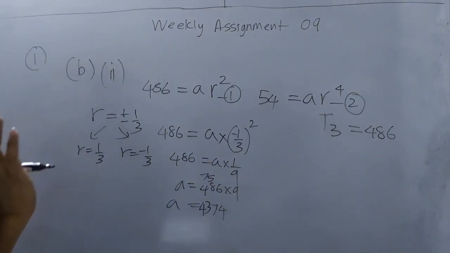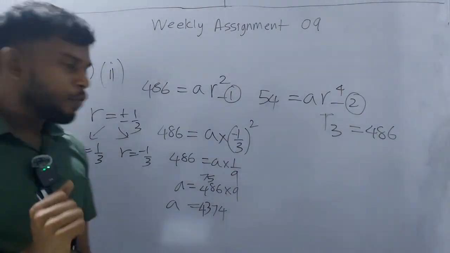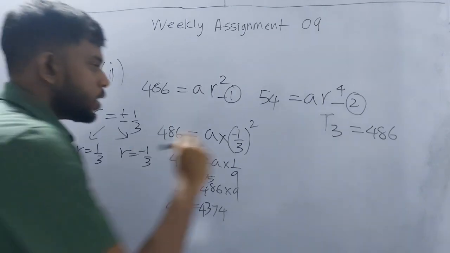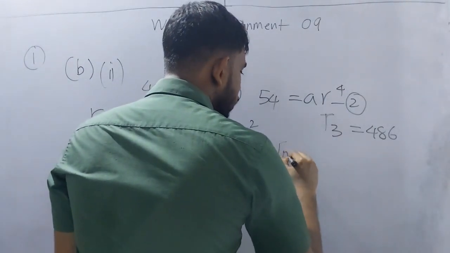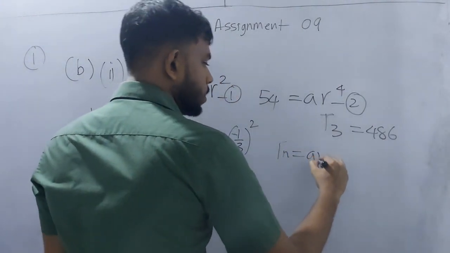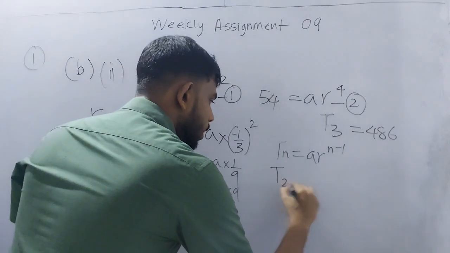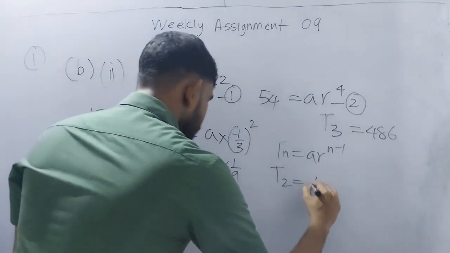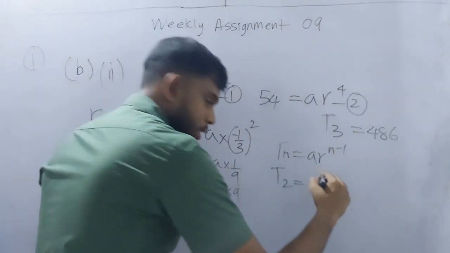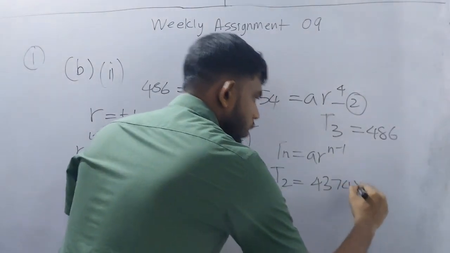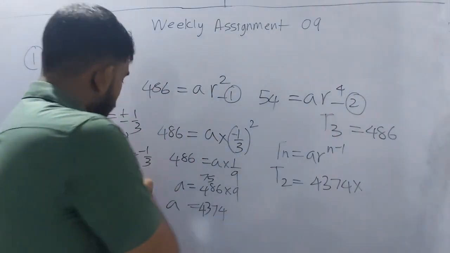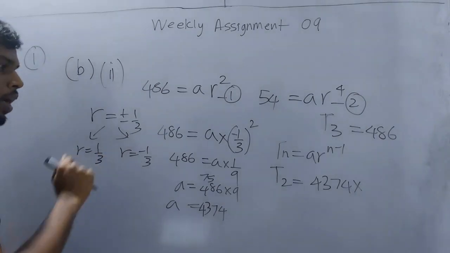Now you found the first term, so it's time for you to find the second term. So T2, you know the Tn formula, that is equal to a times r to the power n minus 1. So you need to find T2. So T2 will be equal to a, which is 4374, into, what is your r? You can either put plus 1 over 3 or minus 1 over 3.